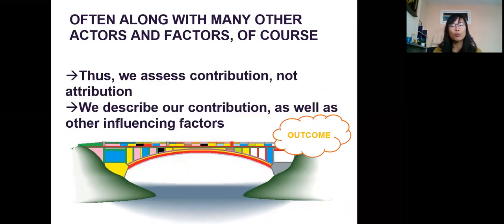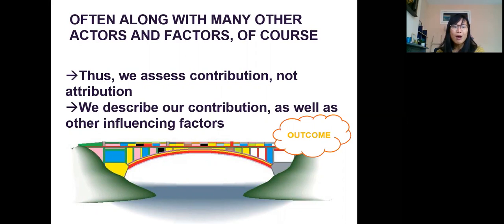What is important with outcome harvesting when we talk about contribution is that we are not interested in attribution. What I mean with that is we don't want to calculate how many percentages our project contributed with.